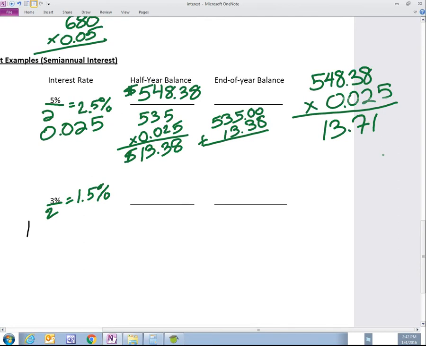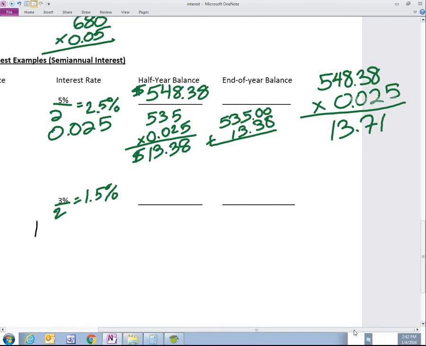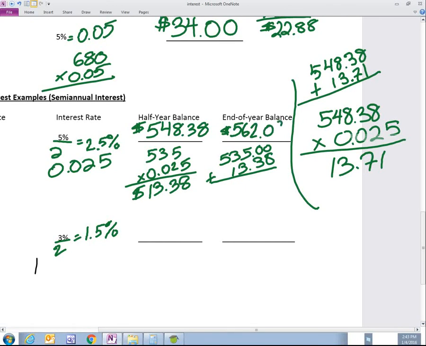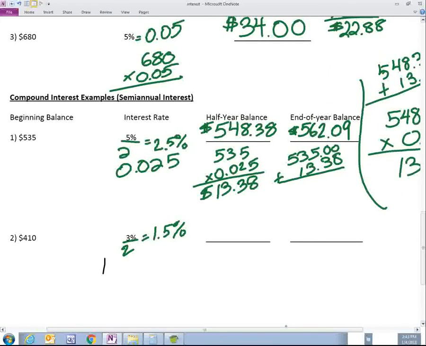Yeah. Good. 548.38. So I'm going to do 548.38 plus 13.71, and that's $562.09. Sweet. At that interest rate, you're getting almost $30.